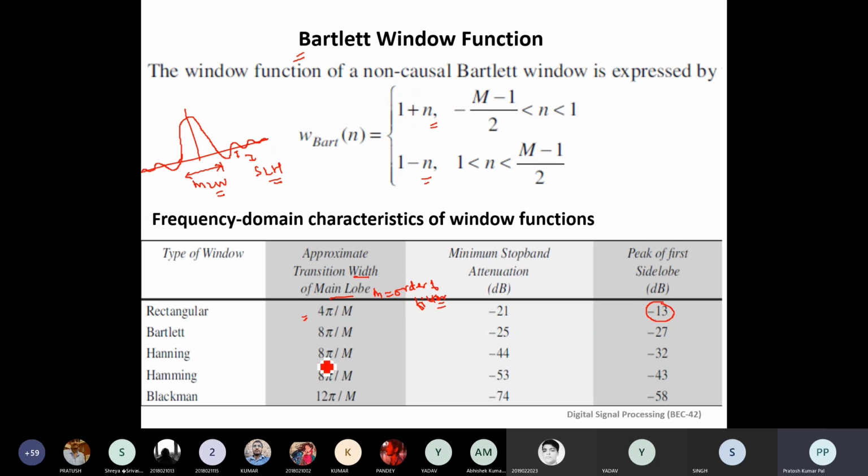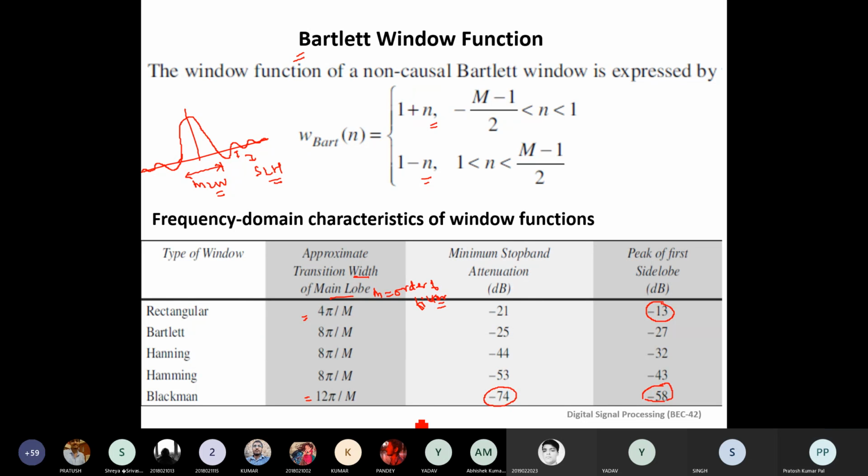This is 8 pi by m, and the Blackman window is having the maximum width. Similarly, the maximum attenuation is achieved with the Blackman window, and along with that, the side lobe height is minus 58. So that is the highest in the case of the Blackman window.